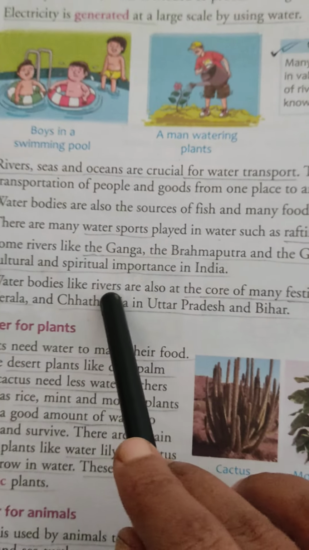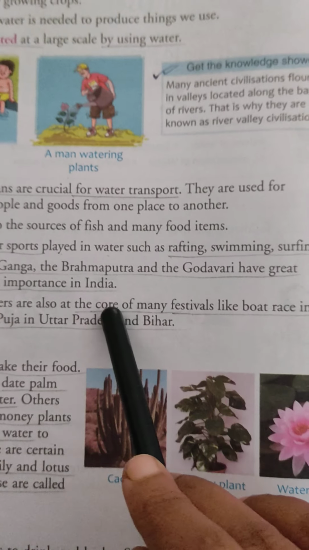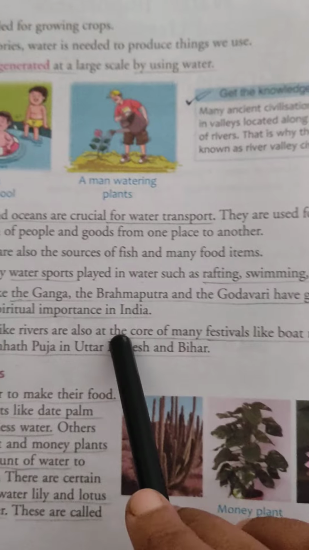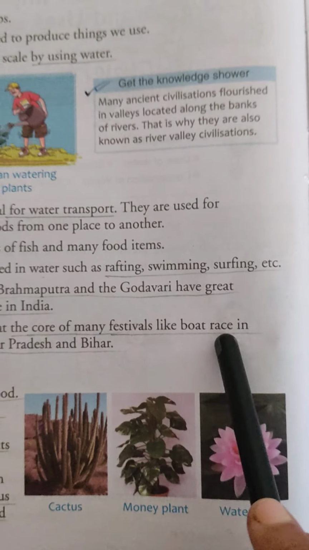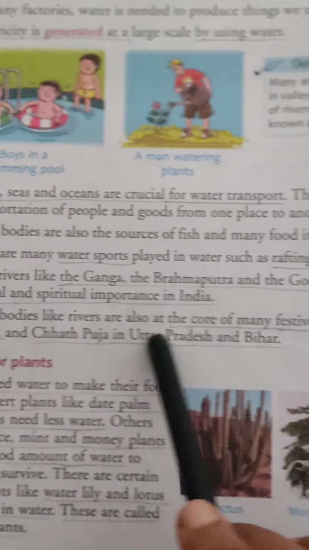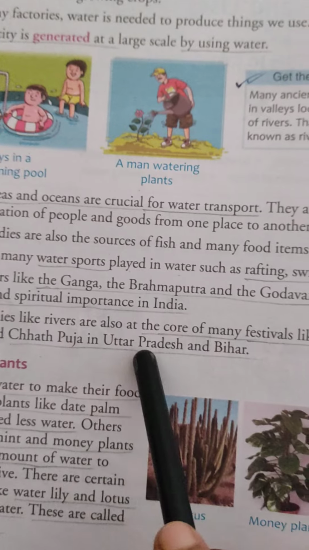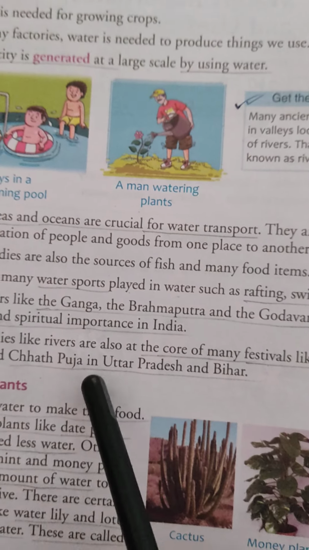Water bodies like rivers are also at the core of many festivals. Core, you can say center point. The center of many festivals is these water bodies, like the boat race in Kerala. Kerala's boat race is very popular, very famous, and Chhat Puja in Uttar Pradesh and Bihar. In our area also we can see Chhat Puja.